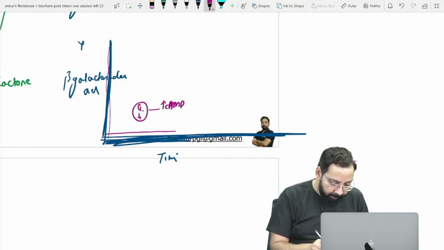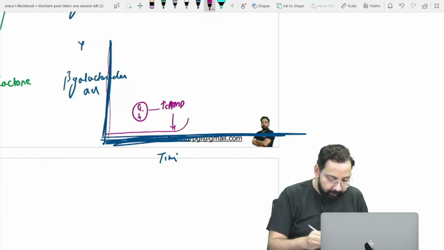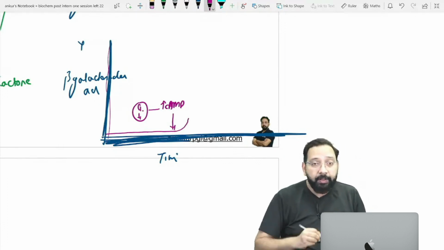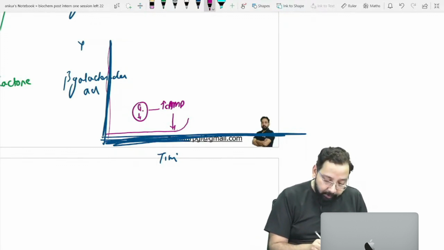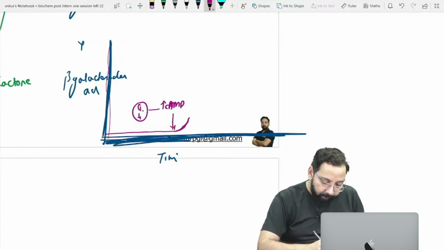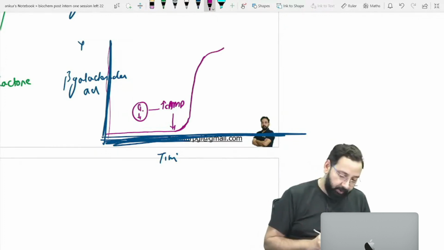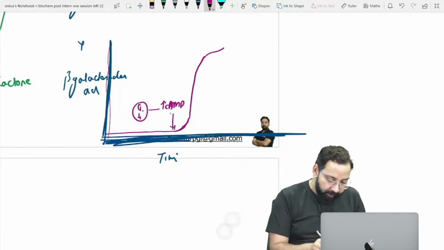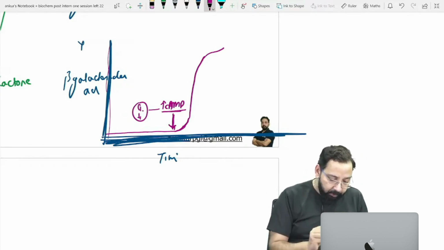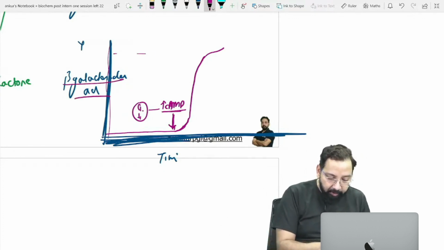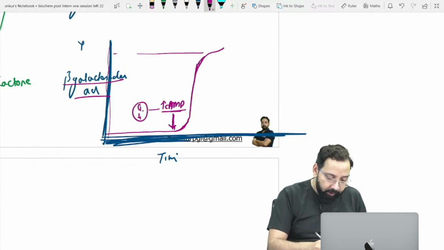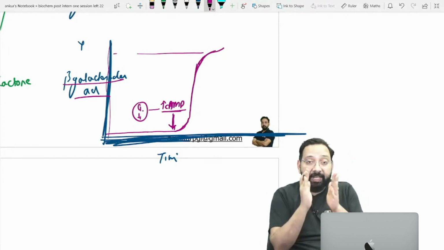As cyclic AMP increases, there would be a little increase in the beta galactosidase activity, and after some time there would be great enzymatic activity. So cyclic AMP increases at this time, but to achieve maximum beta galactosidase activity, there would be a lag.